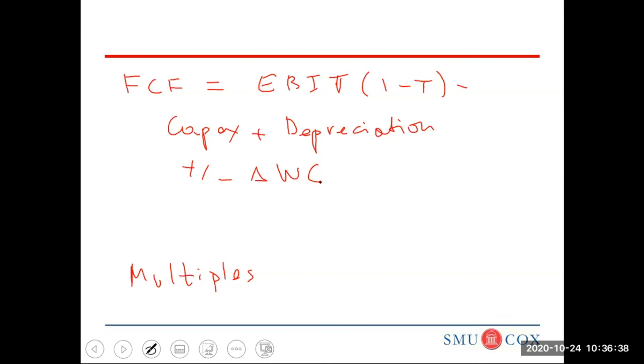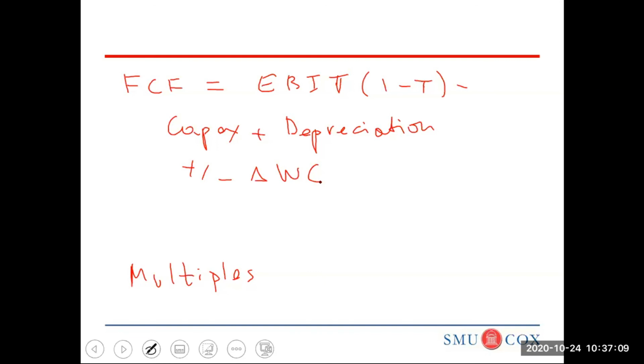And tax rate, sometimes you have to calculate, because how do you know what the right tax rate is for a company? Quite often you calculate what's called the effective tax rate. You look at the taxes the company has paid and divide them by pre-tax income to calculate the tax rate. So that's where you would find the tax rate.